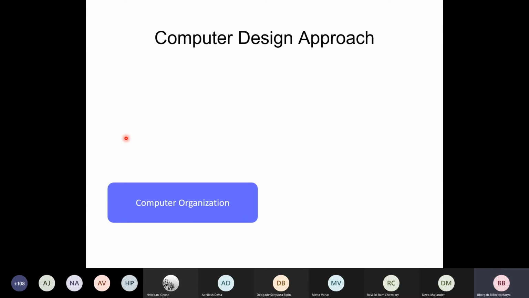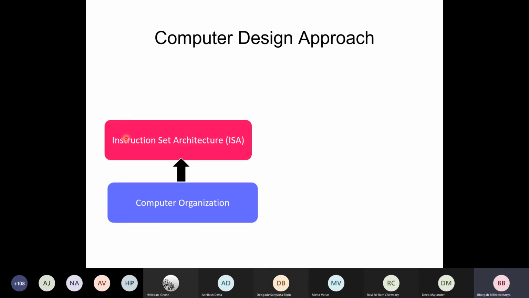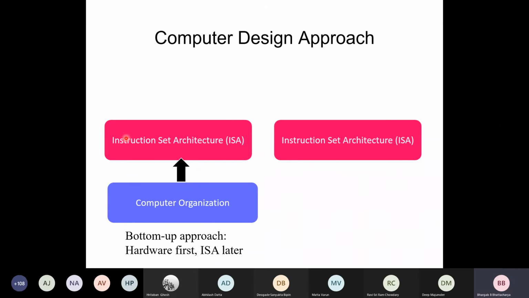So you start from computer organization, and once you finish designing your machine, you declare, okay, I have designed this machine, and this machine would support this sort of instruction set, or ISA, instruction set architecture. And once the instruction set architecture is declared, you can design the overall software and so on.